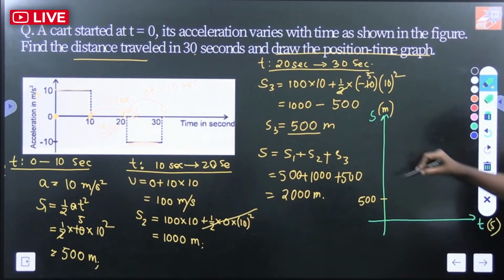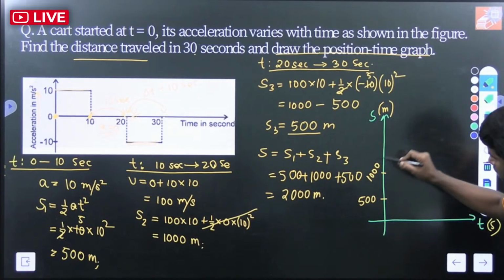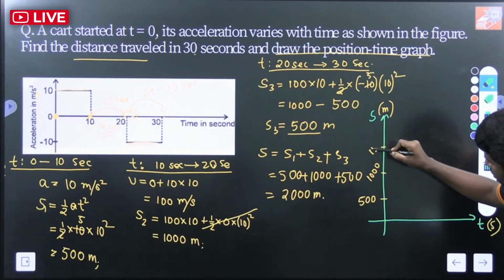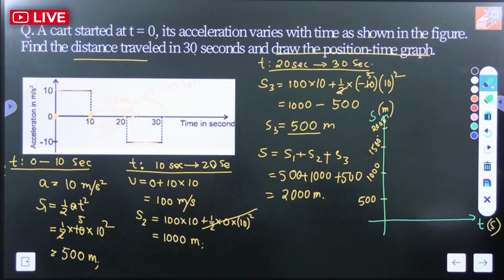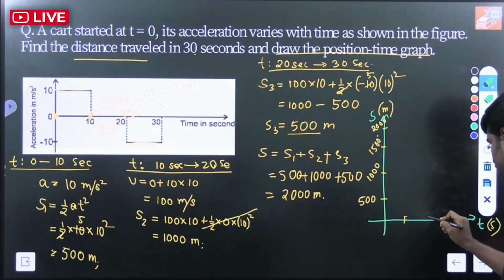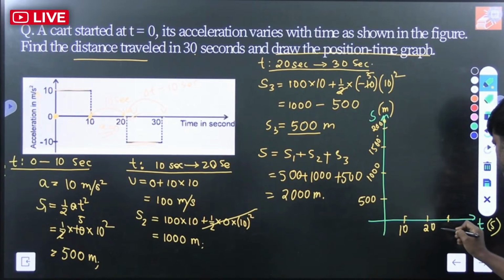This one is 1000, this one is 1500, and this one is 2000, and this one is 10 second, 20 second, 30 second. 10, 20, 30 we are taking.